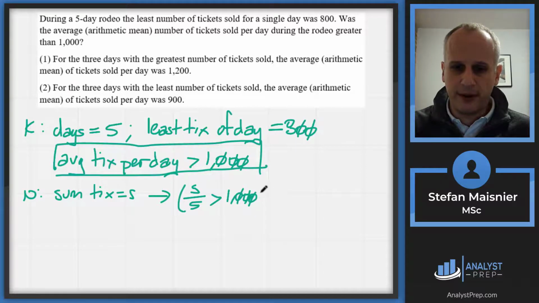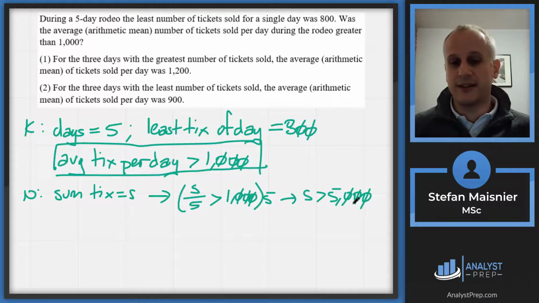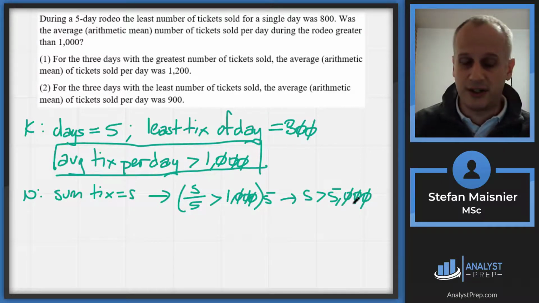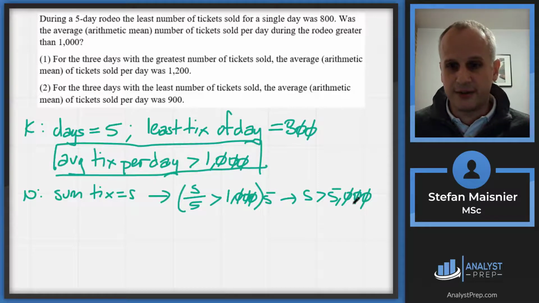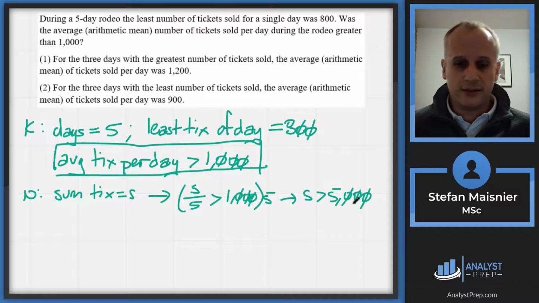So we can multiply this inequality by 5 and determine that what we really need is whether or not S is greater than 5,000. Because if the sum of the tickets is greater than 5,000, we know that the average tickets per day is greater than 1,000. We also already know what our least tickets of the day is, and we can use that to help work through this information.